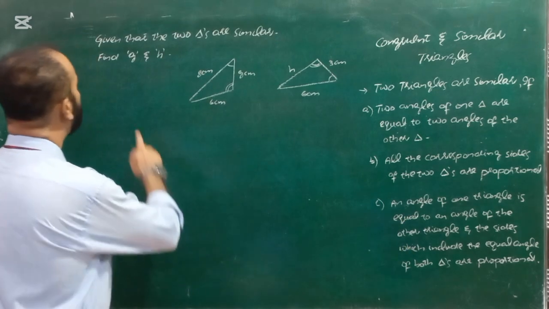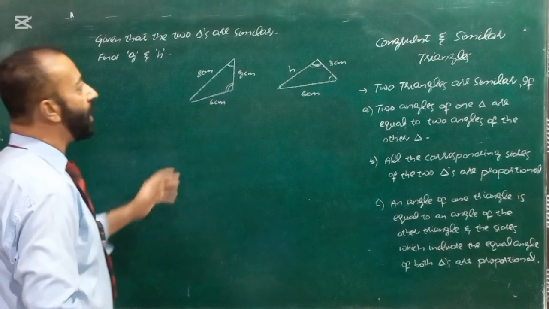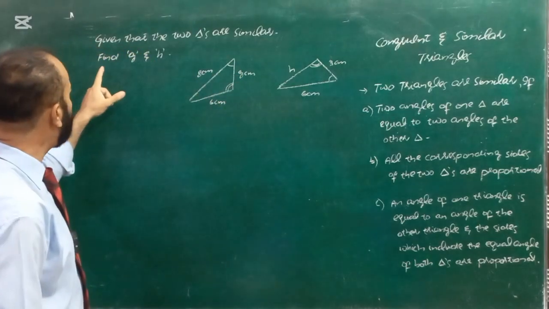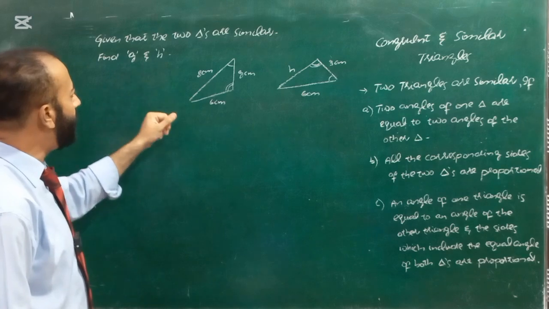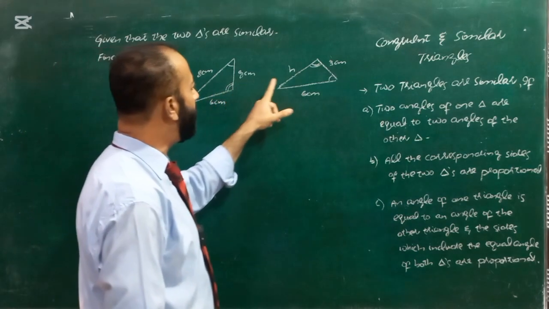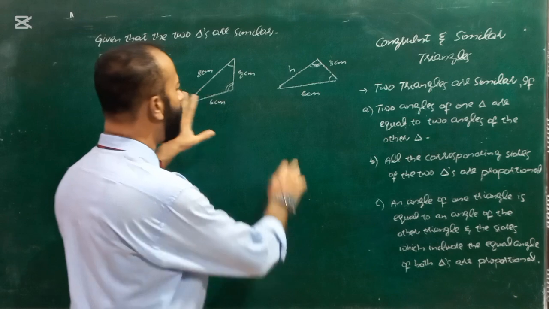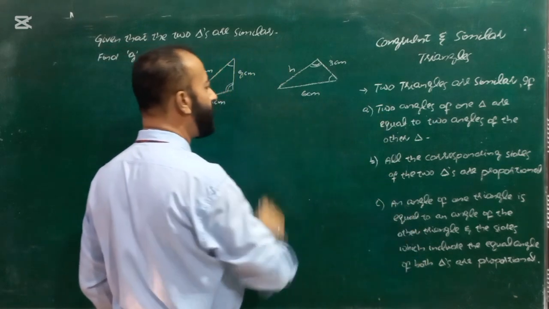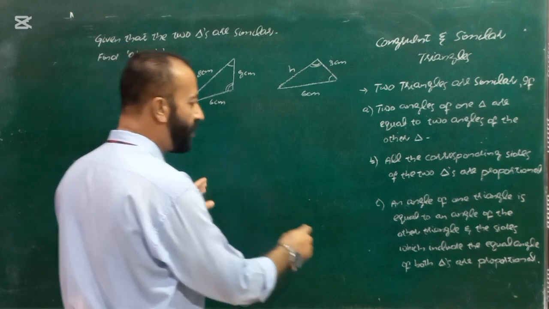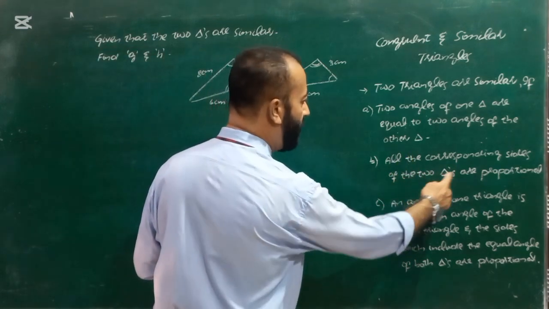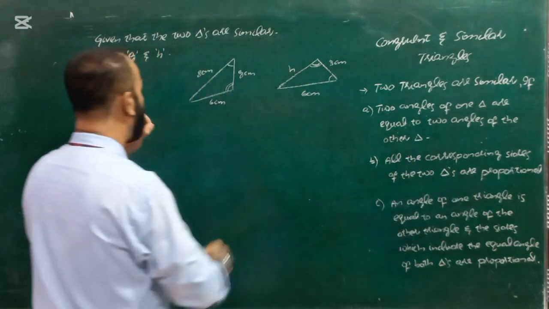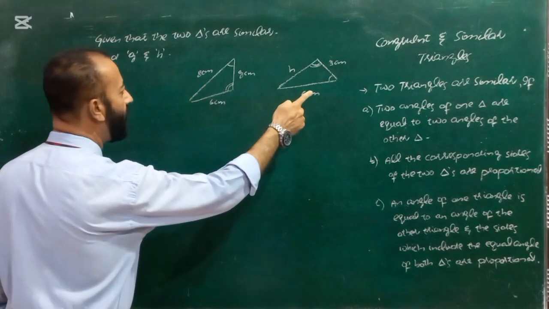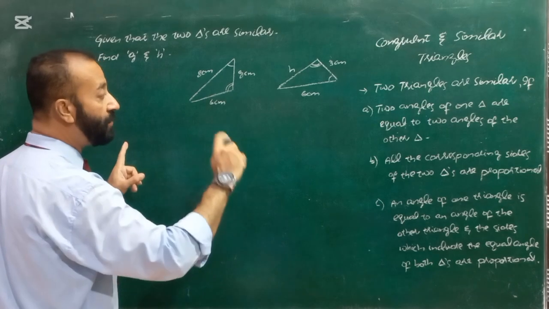Here is a question. It is given that the two triangles are similar. So it is already given that the triangles are similar. The requirement is to find the value of G and H. So G is in this triangle and H in this triangle. If these are similar triangles, then these conditions will be applied. So the ratio of the corresponding sides will be same. So look now, moving from this triangle to this triangle, this is the order which we have to keep.